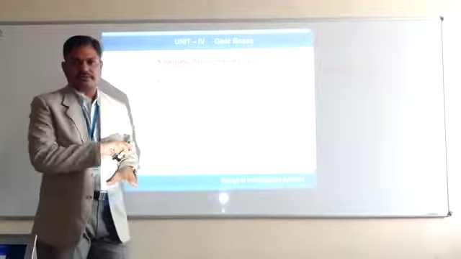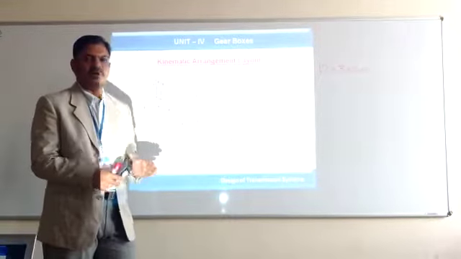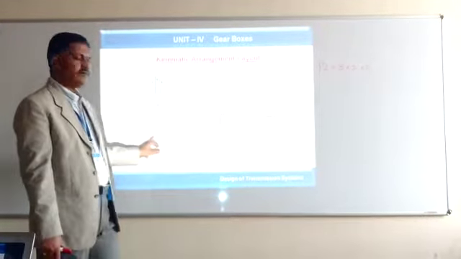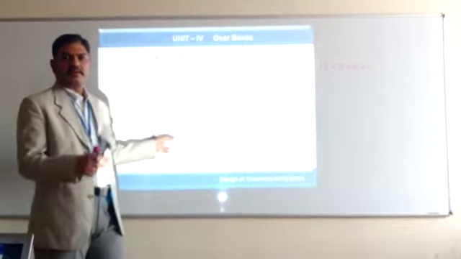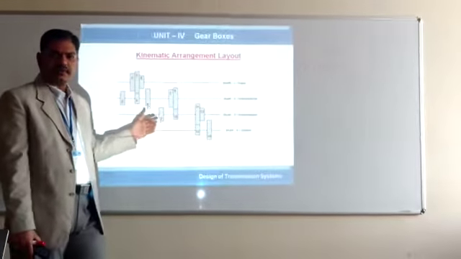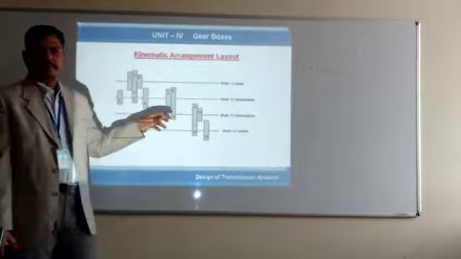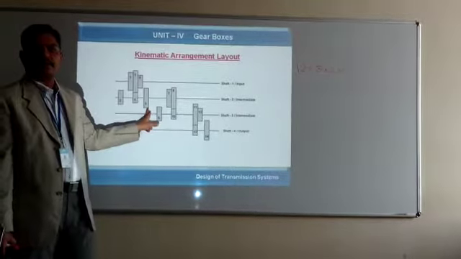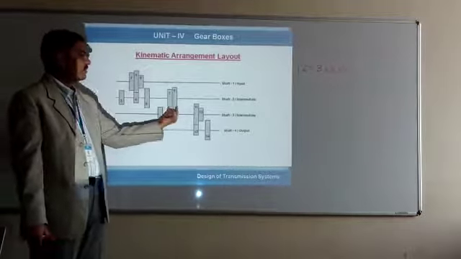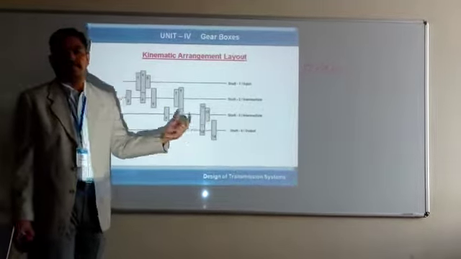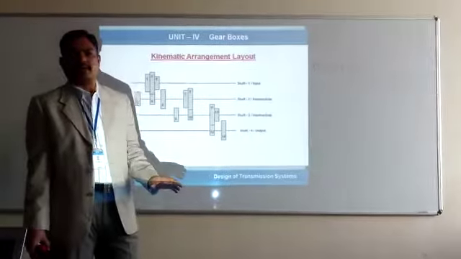The next drawing you are seeing is the kinematic arrangement layout. It is something like a top view of an open gearbox. When you open a gearbox and see it from the top, it looks something like this. Here you have 1, 2, 3, 4 shafts, which represent the centers about which the gears are rotating.